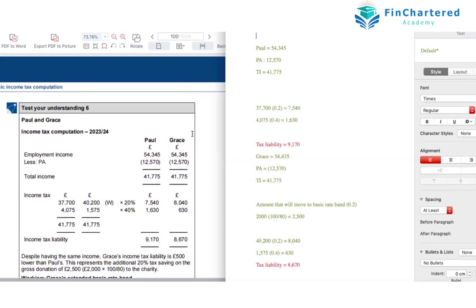tax liability. So technically, the textbook is showing you all the ways you can bring down your tax liability. One way was to take a loan and pay interest for work related things. You can bring down your tax liability. So indirectly or directly, the textbook is teaching you how to legally bring down your tax liability.